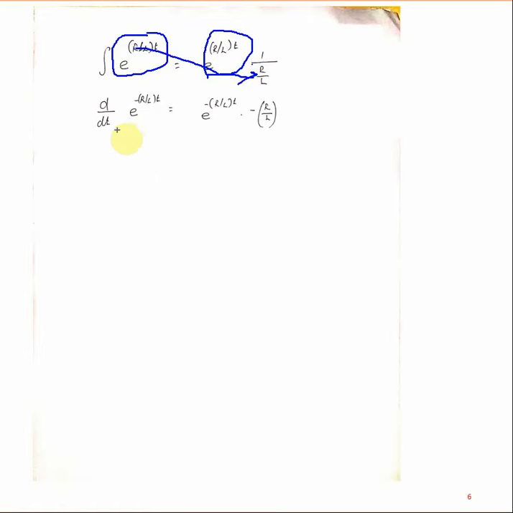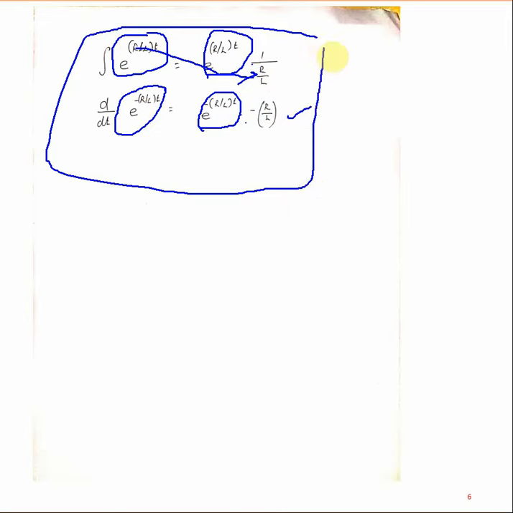For differentiation of e power minus r by l of t, you write the same term into the derivative of the e power value, which is minus r by l. So this is a mathematics prerequisite.